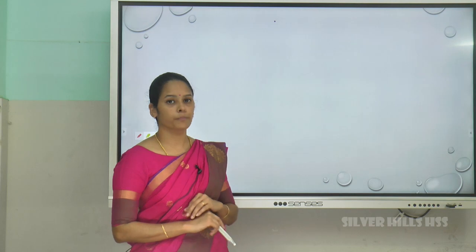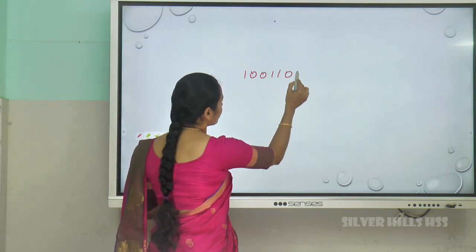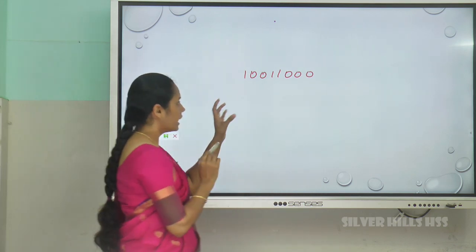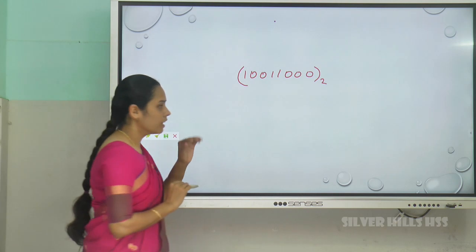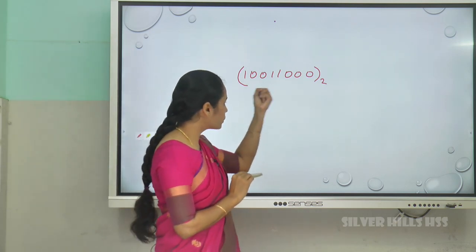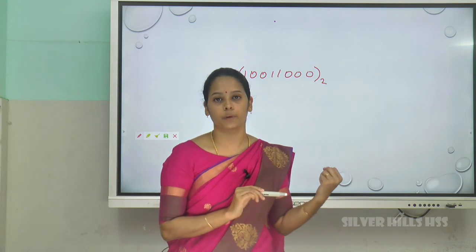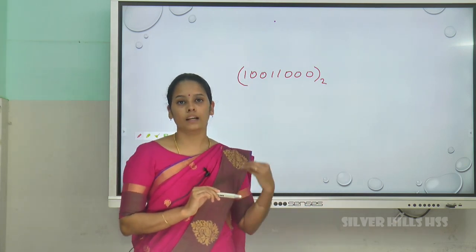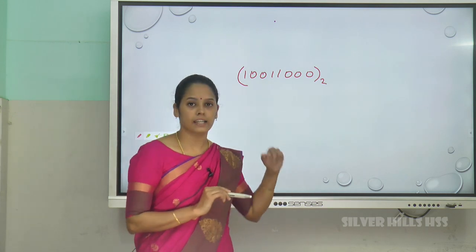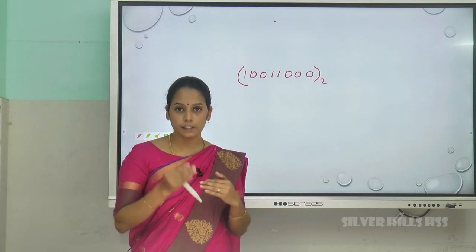Suppose you have a binary number 1001 1000. This is a binary number, and if we want, we can reduce the length of that binary number using a hexadecimal or octal number, and then it will be easy to remember. Programmers or electric circuit designers use hexadecimal or octal numbers to represent binary numbers in a simpler form.